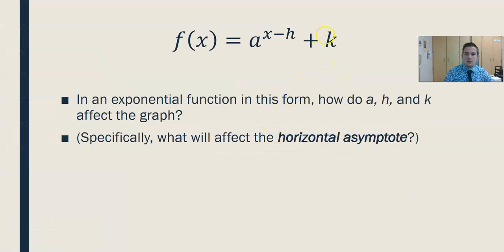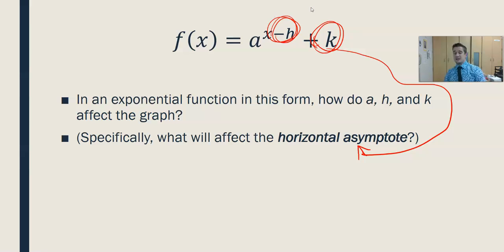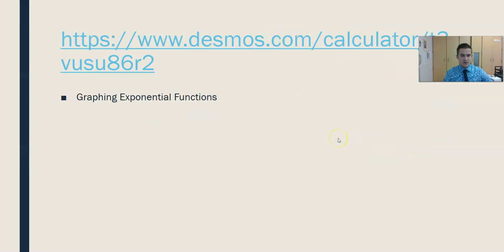This k right here is going to affect the horizontal asymptote. We'll focus more on both of these changes in the next couple days, but for right now, I want you to focus on the fact that this k value out here is going to affect the horizontal asymptote of that graph.